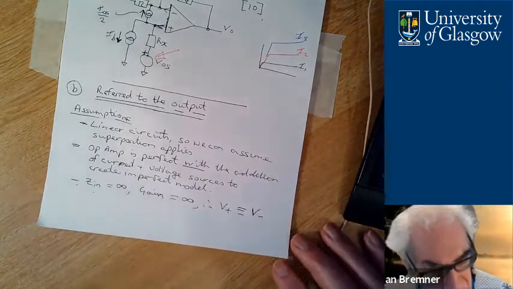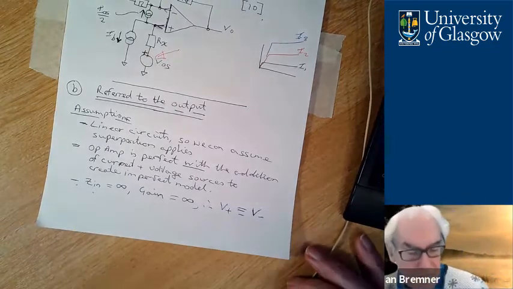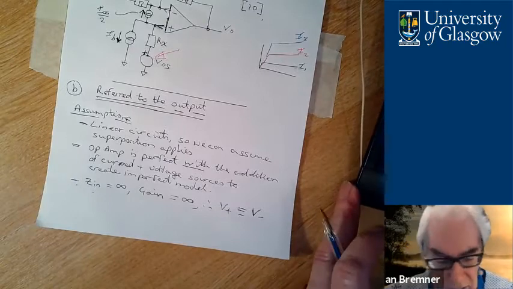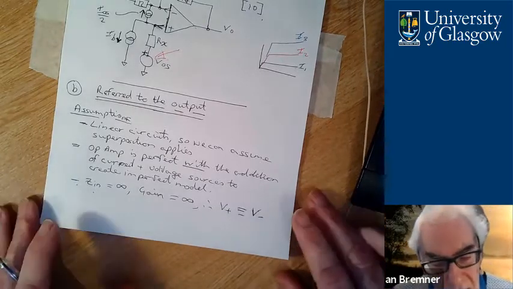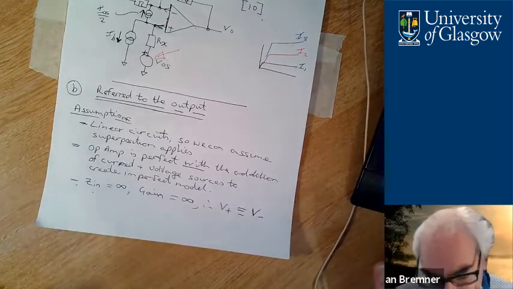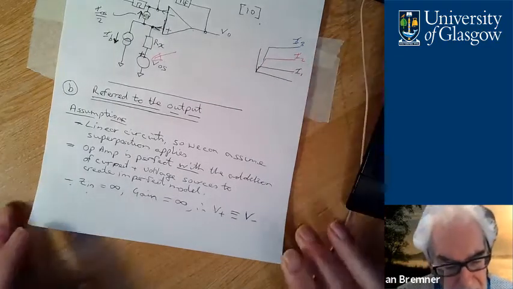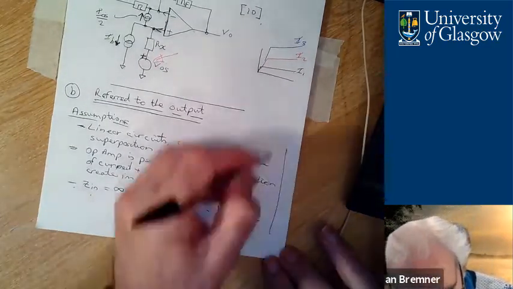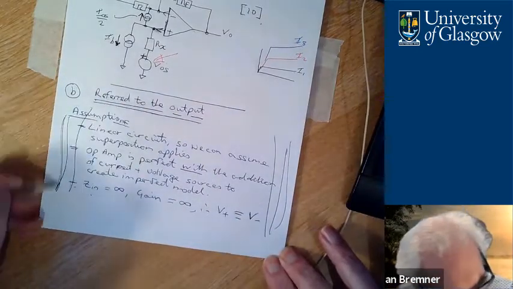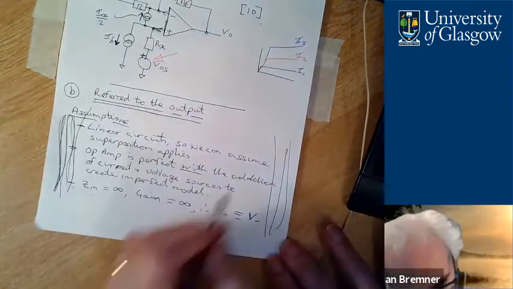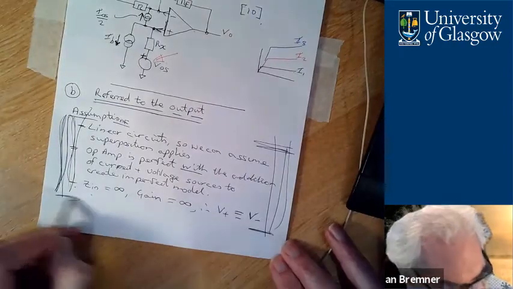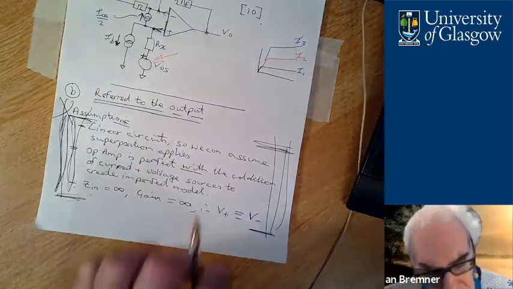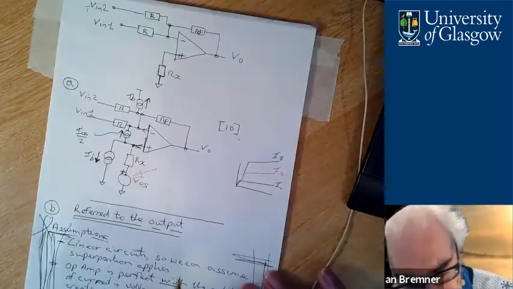And those are our assumptions. Please write them down clearly so I can read them. Most students, probably 70%, lose marks in this question because they do not write down this stuff here. Have I made myself clear, students? Okay, so please write that down.